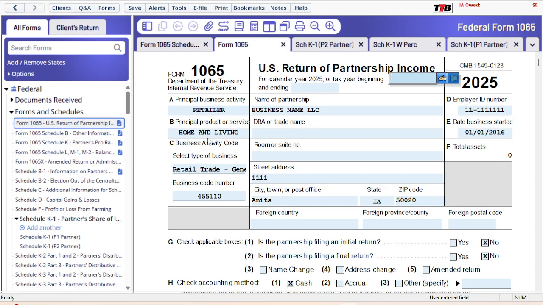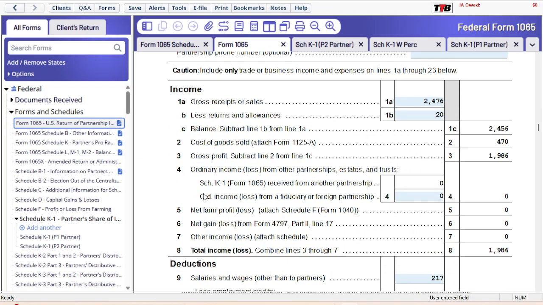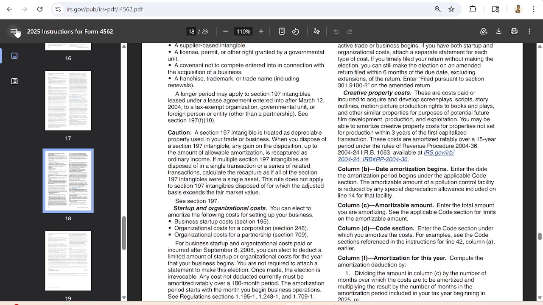Keep in mind that if you go back, we have other income as well. We have an other income section here, so it'll make sense to see what total receipts they are talking about, if that is line 8 or line 1. So if you are not sure, you see how we are doing it.